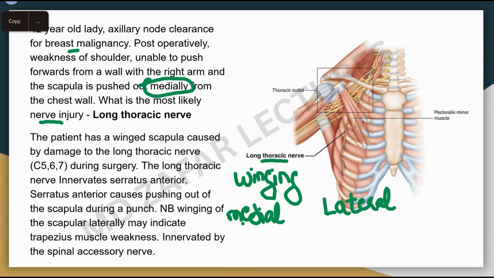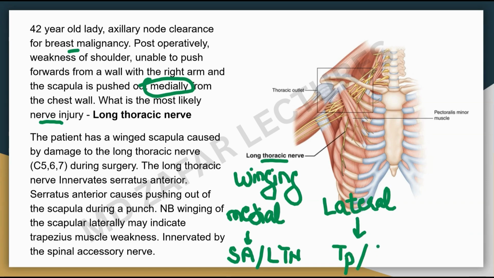So for the medial side, we will be having serratus anterior and long thoracic nerve. Whereas if the winging is present and it is more predominantly towards the lateral side, then the muscle damage would be trapezius and the nerve would be the spinal accessory nerve. So that is the difference that you need to know because it's a new thing that you have to add.